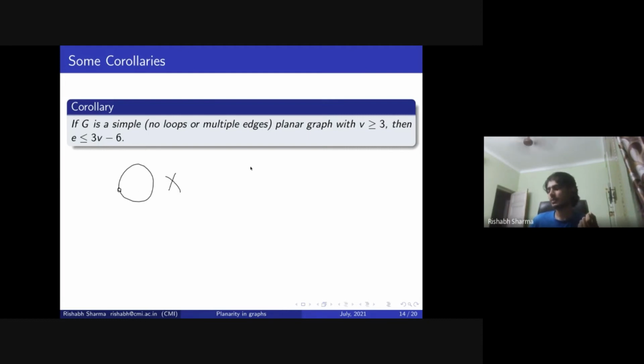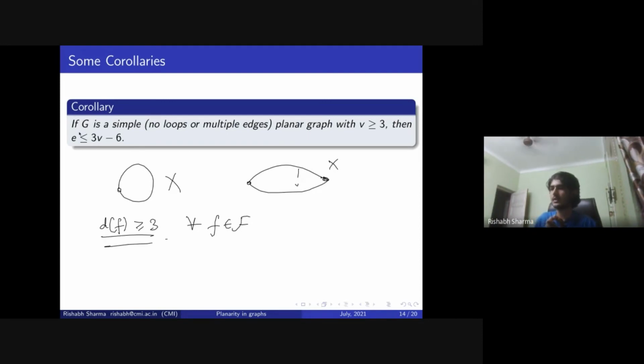Similarly, if the face was bounded by 2 edges, then it would look something like this. This is again not allowed because these are multiple edges. So the only possibility is that the degrees of all faces are at least 3. That's where we're using that the graph is simple.